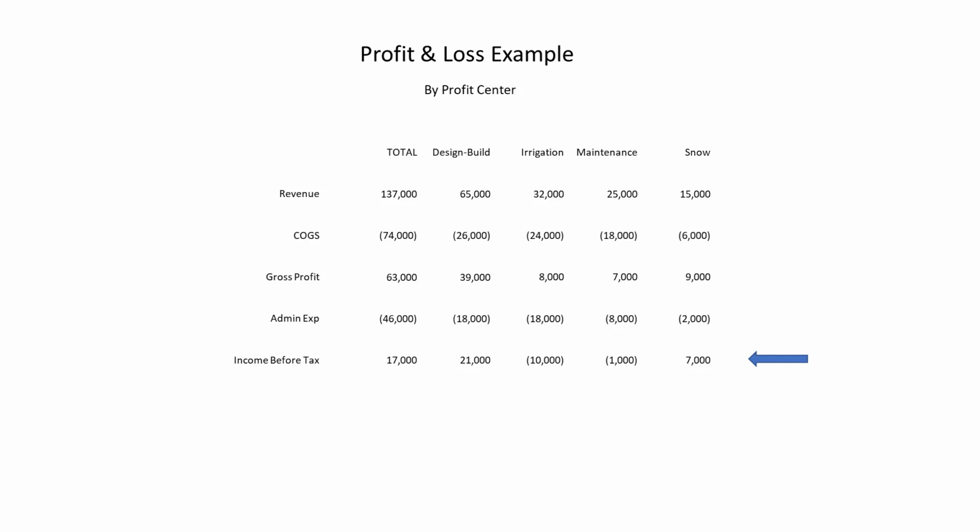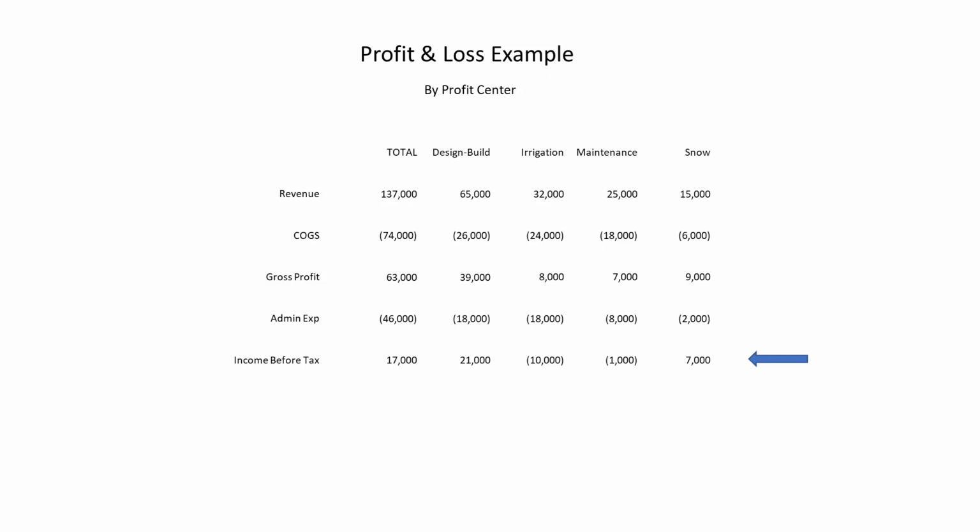Now take a look. Although you did earn $17,000 pre-tax income, here you see that the design build provides most of the profitability, $21,000. Some comes from snow as well. But irrigation is losing a ton of money and maintenance is slightly negative.